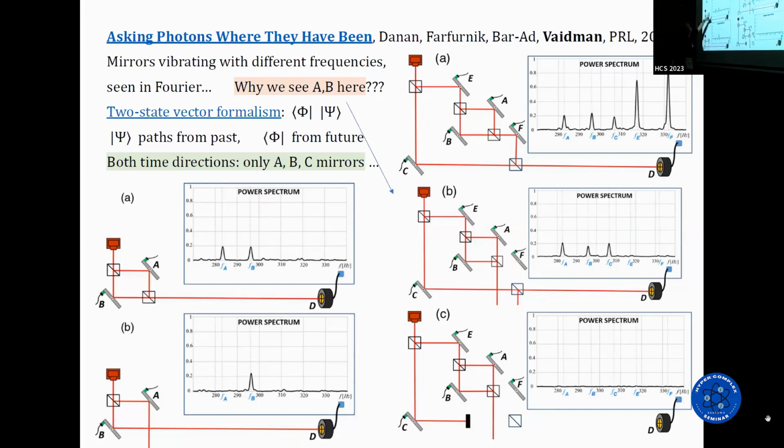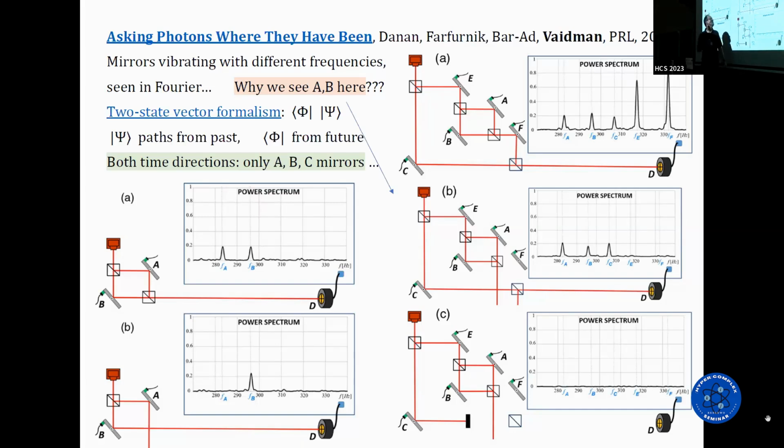So finally they can see which mirrors were visited. They can ask photons where they have been, which mirrors they have visited. And this is the most interesting setting: if you look at the setting, they should see only the C mirror, but they also see A and B. So that's the big question: why do you also see A and B, when in theory the photons do not travel to them?